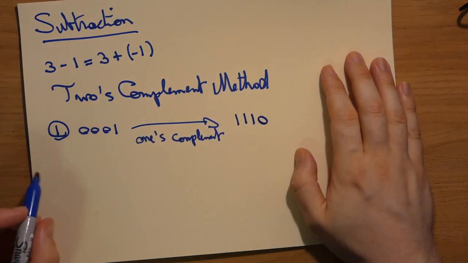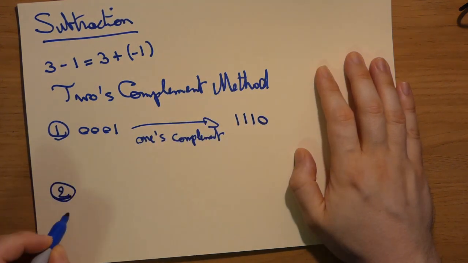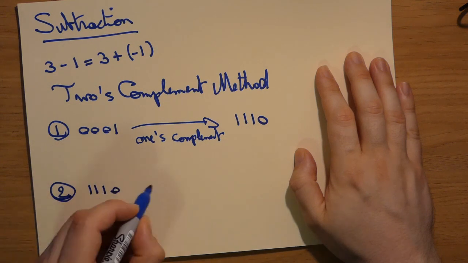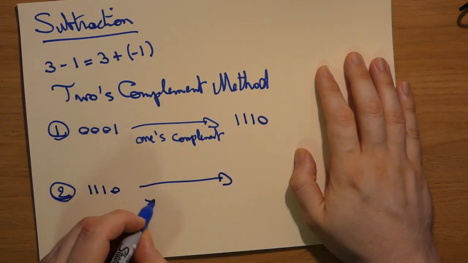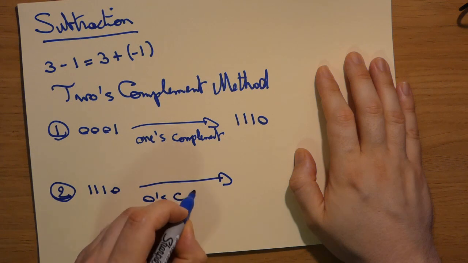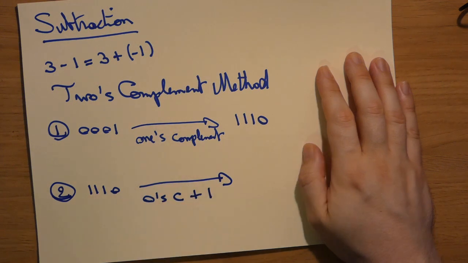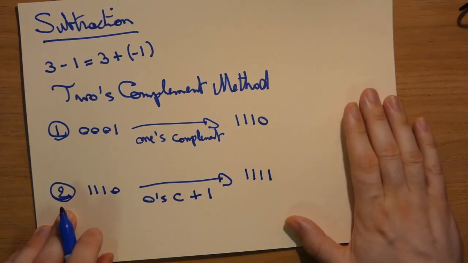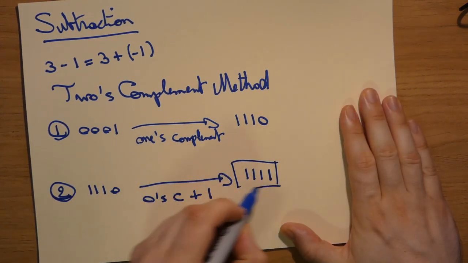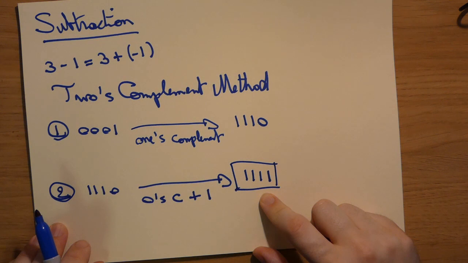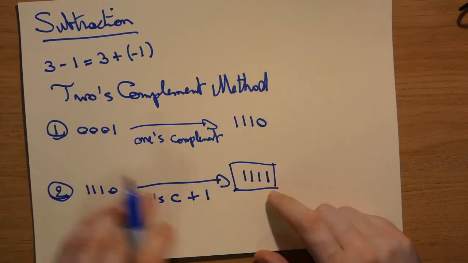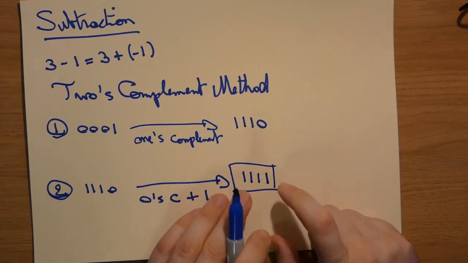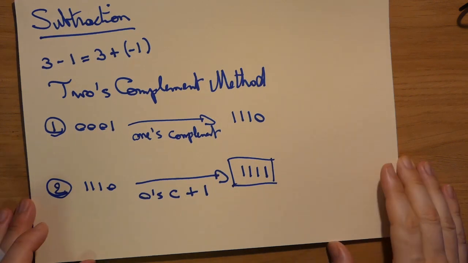Like this. Then the second step is I take the 1's complement and I add 1. So this result here, this is the 2's complement of 1, and I use this to represent negative 1.